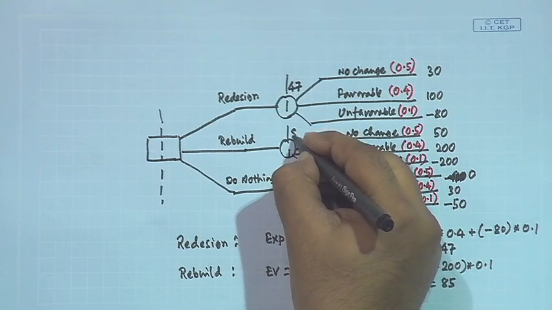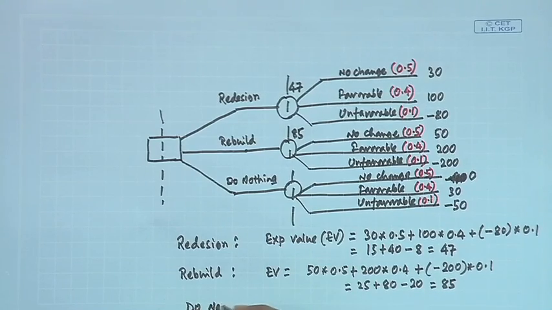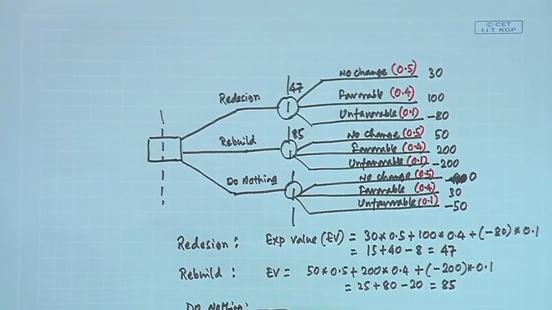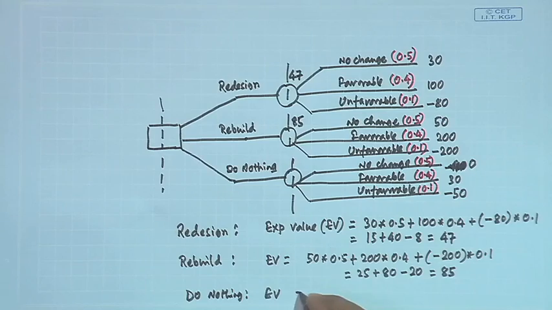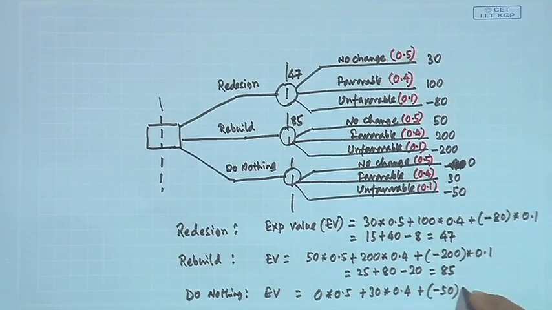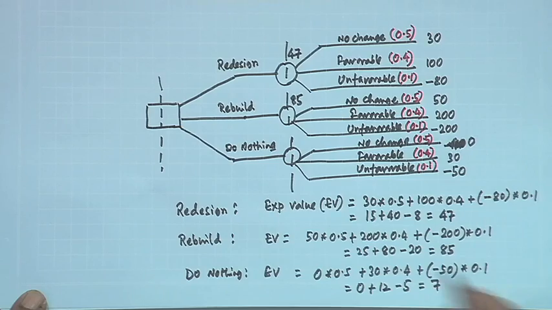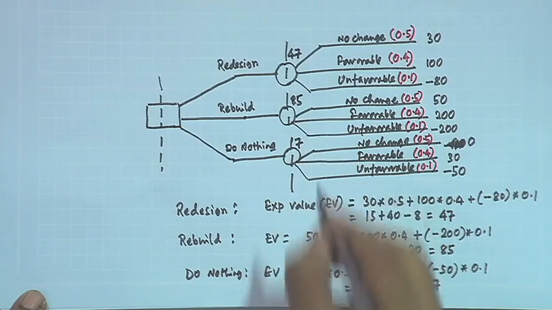So, we put 85 here, and in case of do nothing option, EV will be 0 into 0.5, 30 into 0.4 plus minus 50 into 0.1 equal to 0 plus 12 minus 5 equal to 7. So, 7 would be the payoff for do nothing.